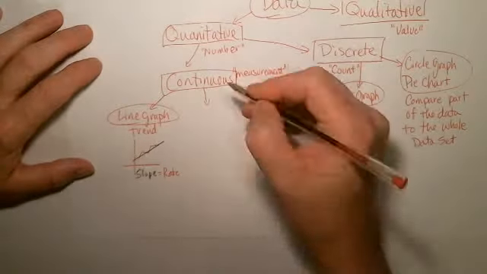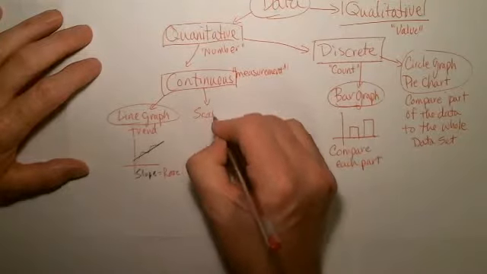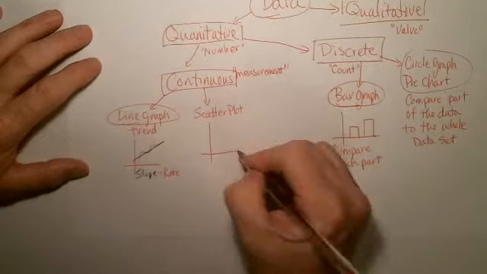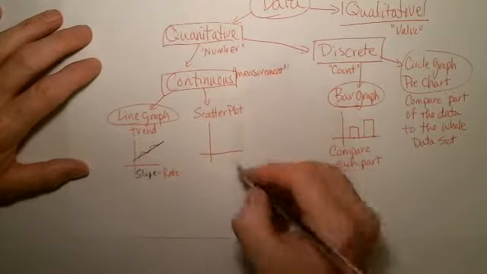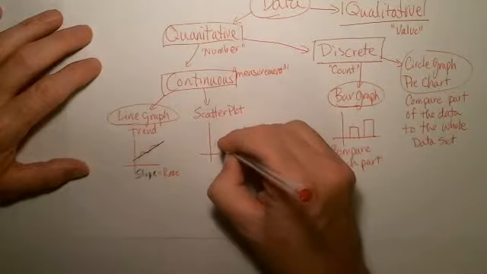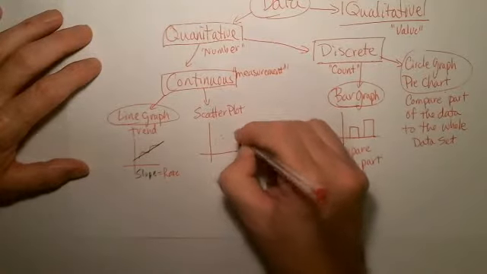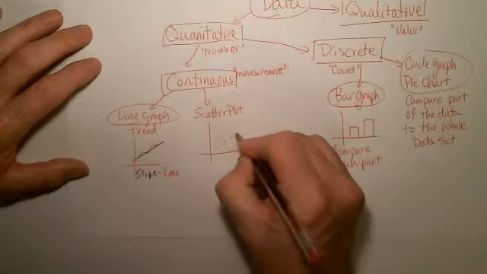A second type of graph for continuous data would be a scatter plot. Now a scatter plot we do use when we want to determine the relationship between two variables that we believe are certainly related, and you have all these data points. It may be kind of hard to see, so I'll darken them in here.